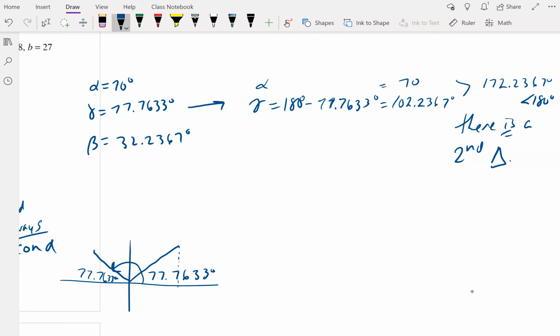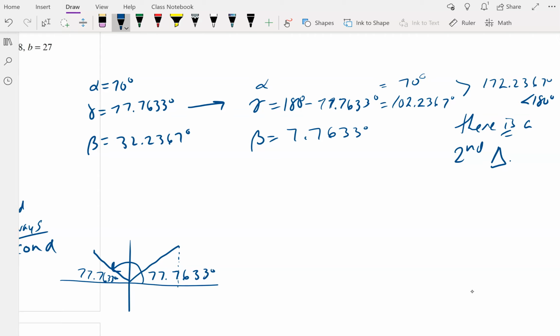If it's less than 180, there's a second triangle, because now I can figure out my beta. My beta here would be 7.7633, because it's 180 minus the other two. So this would give me my three angles now. I've got 70 degrees, 102, and 7. This works, right? This could be three angles in a triangle, just like this could be three angles in a triangle.